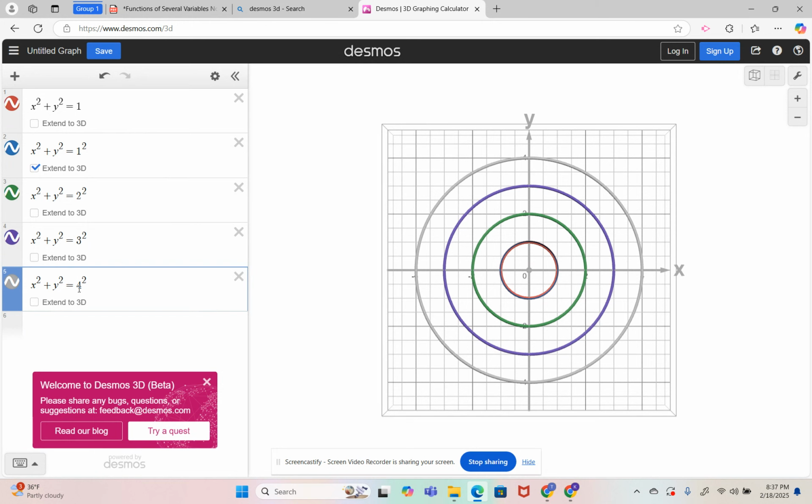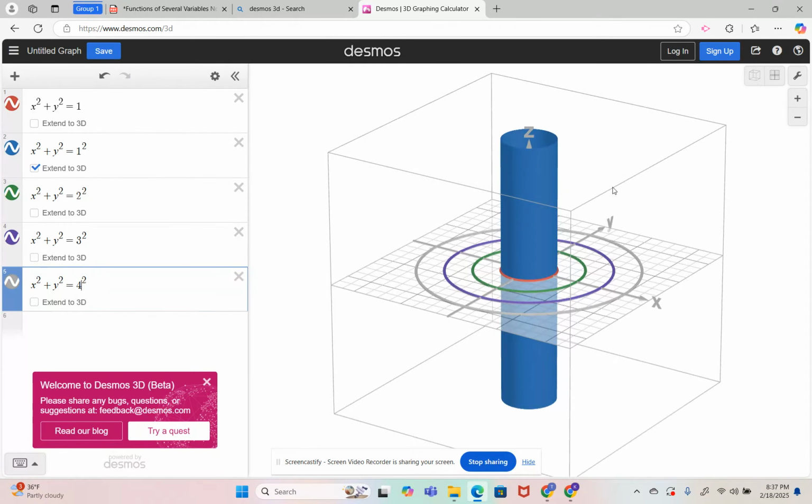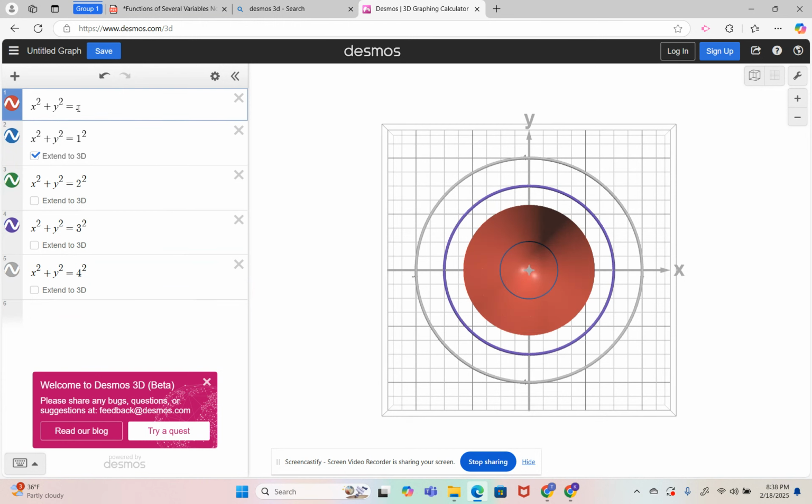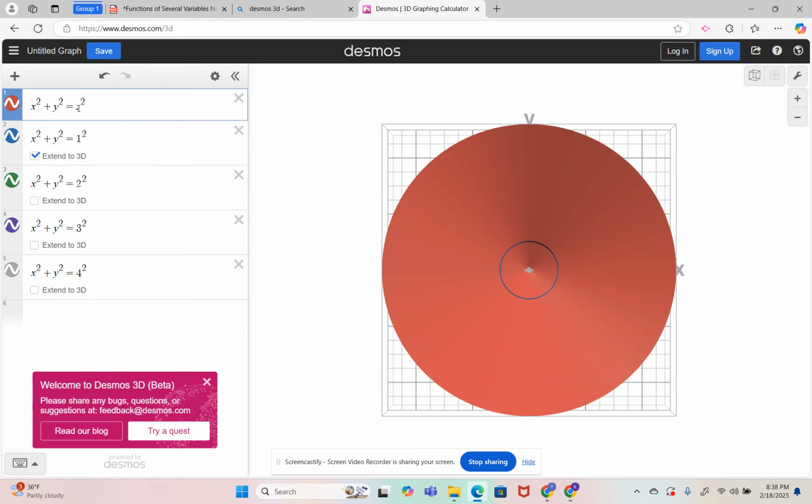Now if you extend it into 3D from this aspect, it's not going to do what you want it to. It's going to give you these cylinders, but from looking at our 2-dimensional, it works. So now what happens when you put in the z squared.